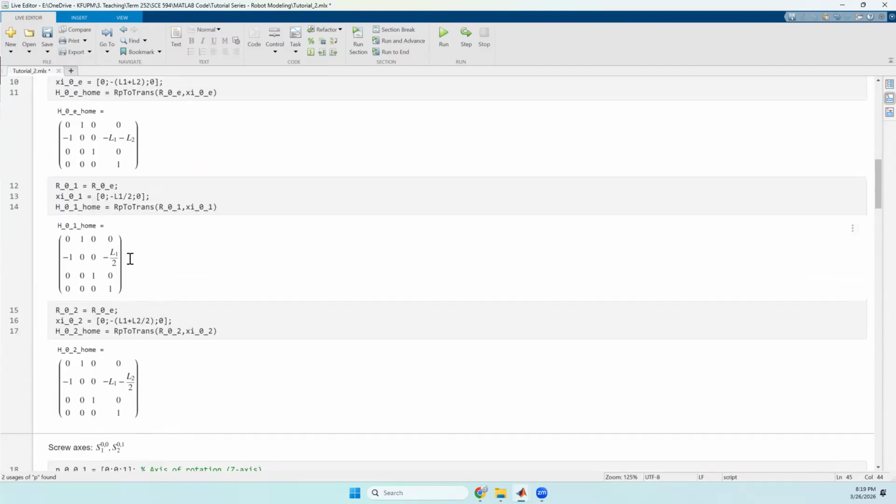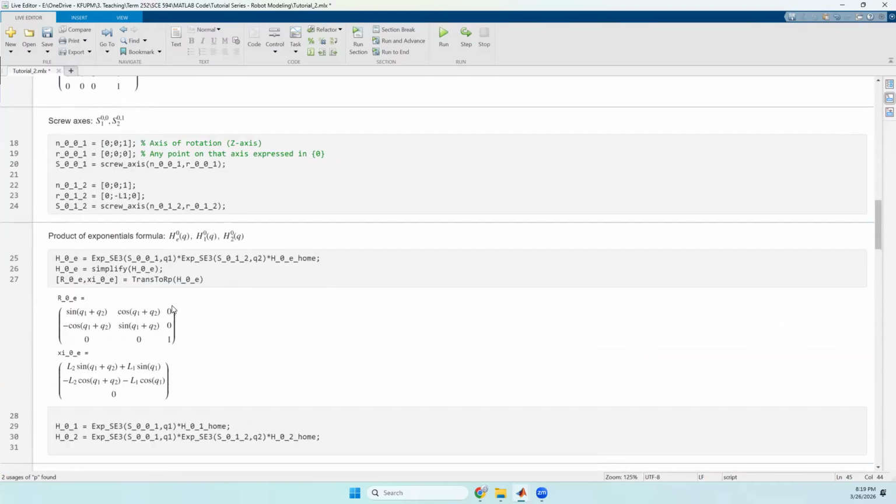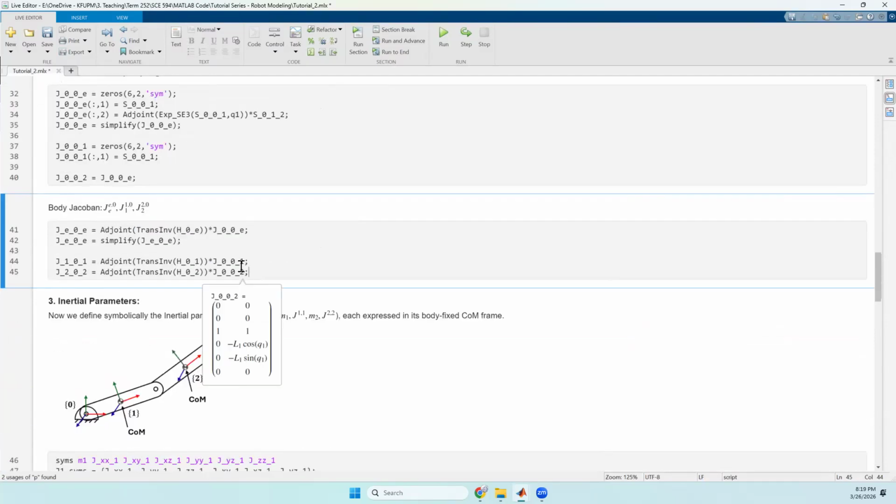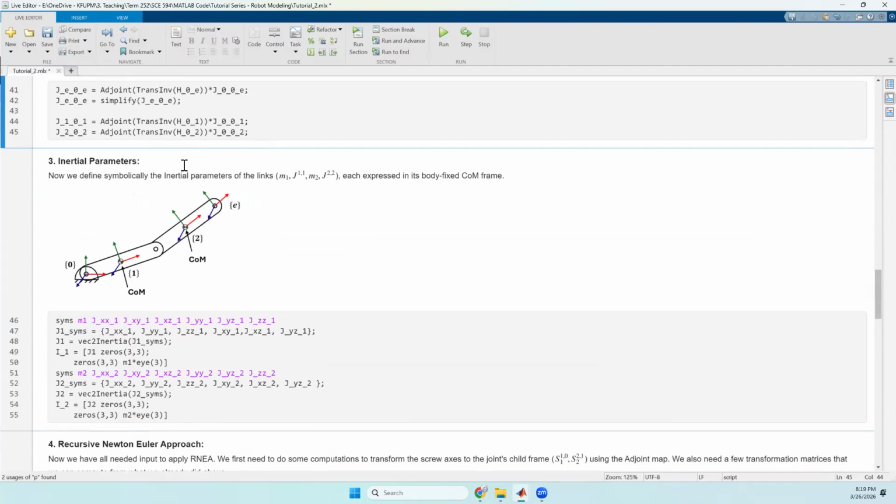So what we did so far is that we computed the forward kinematics and the differential kinematics of this 2-link manipulator. Now we're going to start implementing the recursive Newton Euler approach, but before that, we need to introduce the inertia parameters of the 2 links. We have 2 links, and thus 2 generalized inertia matrices. In this tutorial, we chose to have frame 1 and frame 2 placed at the centers of masses, which means the generalized inertia will be given by an expression that looks like this.